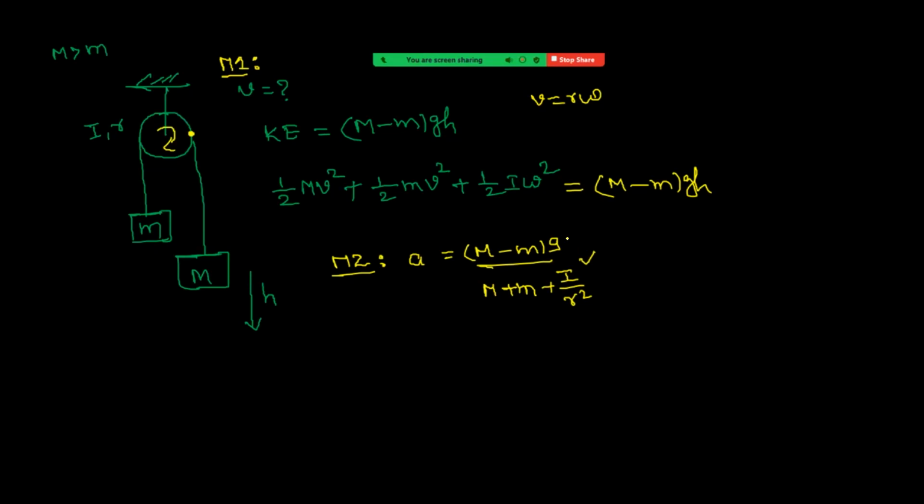This is the acceleration, okay, acceleration is known. Displacement is h, initially velocity is 0, and final velocity we want to calculate. Acceleration is constant, right? So we want to find v. Displacement is given, then the equation is v square minus u square equals 2as. So by using kinematics also we can find this answer. Method 1 by using conservation of mechanical energy, method 2 by using kinematics.